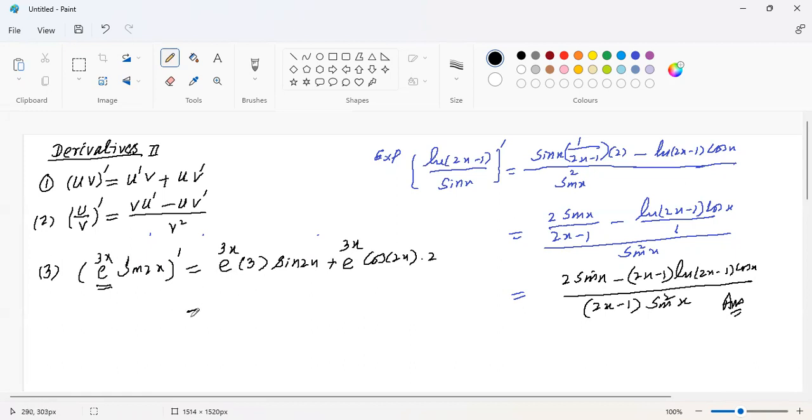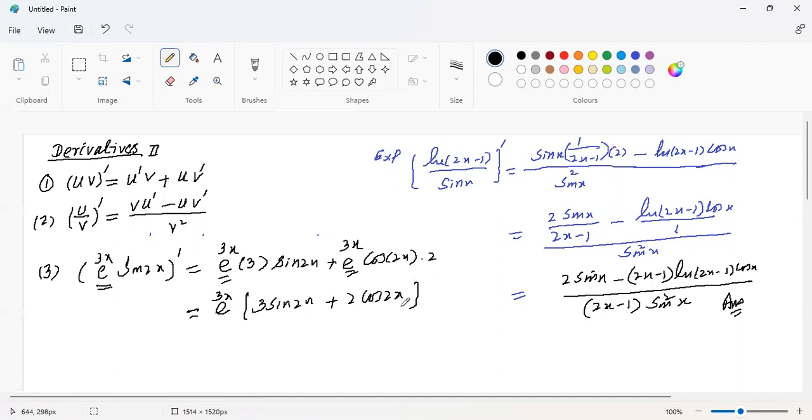And here you can do one more step, taking e power 3x as common, and keep in your mind, whenever there is an e power something in the expression, it should always be taken as common. It is e power 3x into 3 sine of 2x plus 2 cosine of 2x.